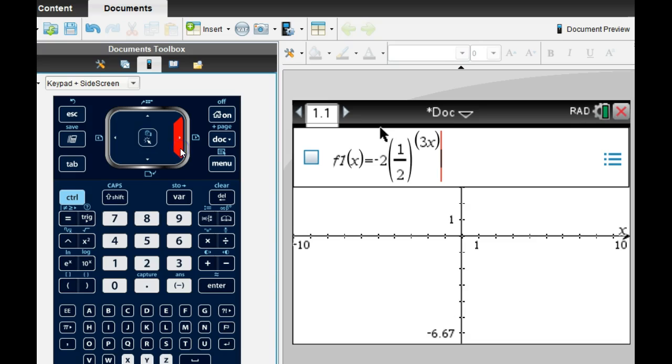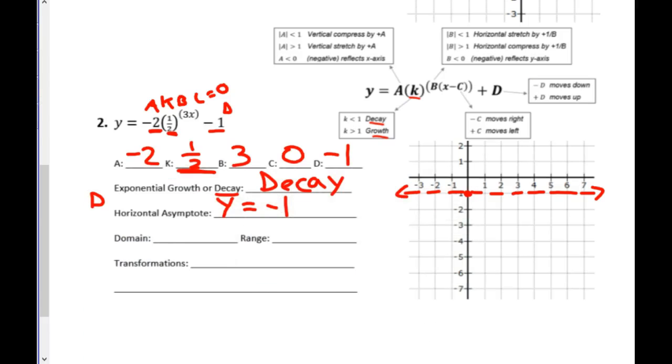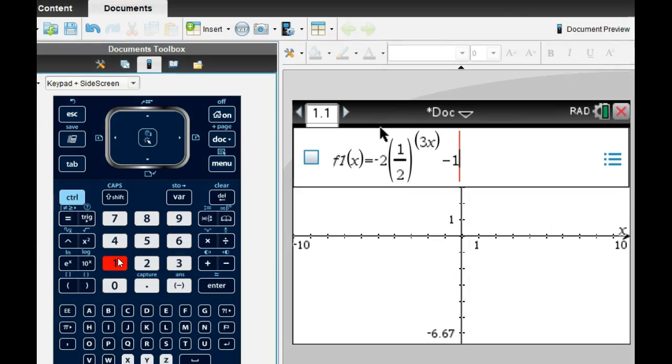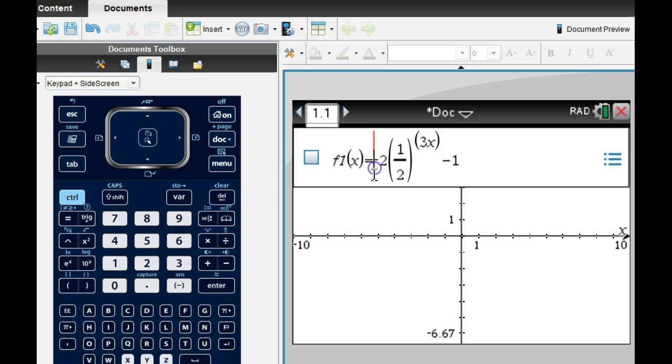Go to the right, and then we have -1. Now that's a lot, and it looks kind of weird because it's all stretched out, but that's it. So we got negative 2, 1/2, 3x in the exponent, -1 after it.